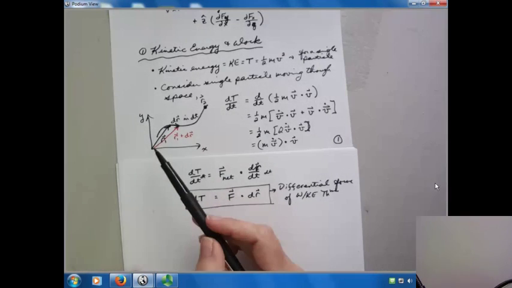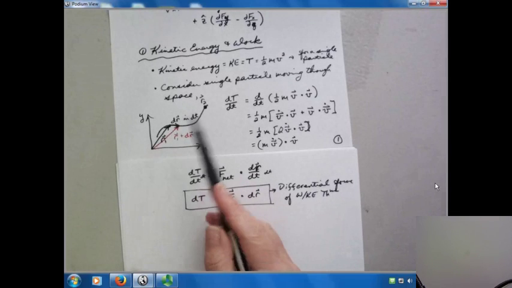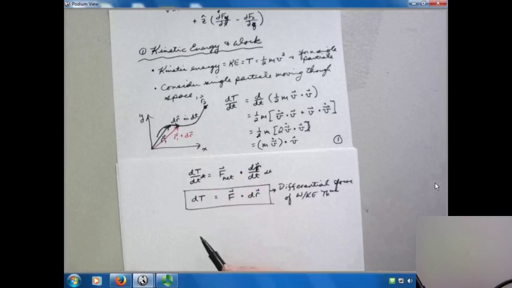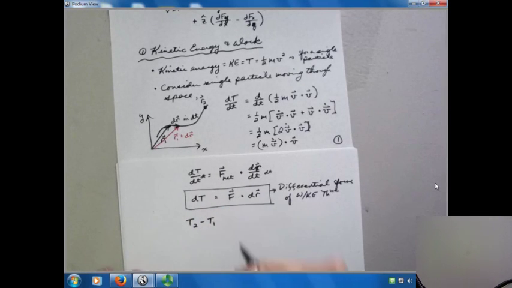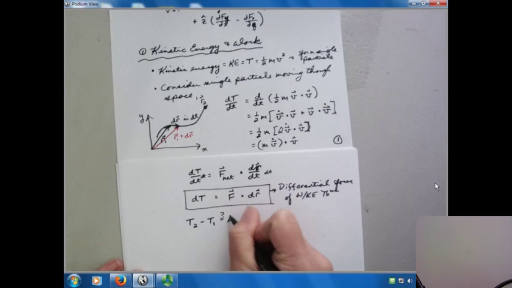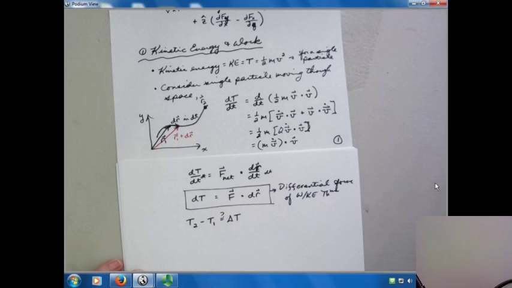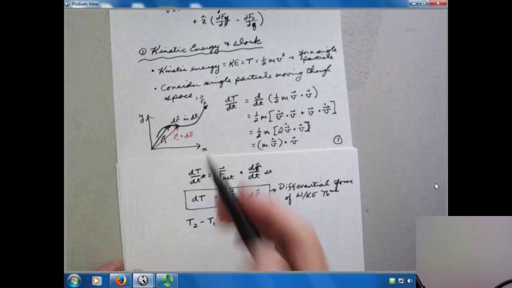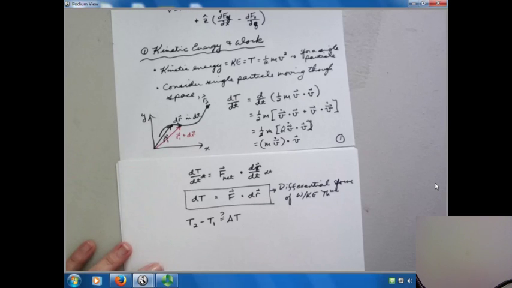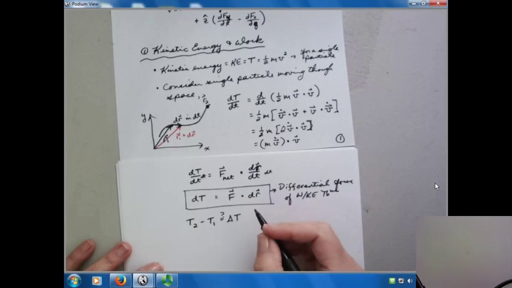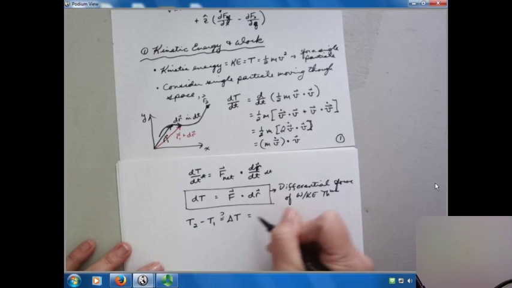Once I want this finite change, that means I want it from point 1 to point 2. So what I would like to be able to find an expression for would be like T2 minus T1, right? What is that equal to? And obviously, another way to write that would be delta T, so change in T. And so in this case, what I could do is I could break my path into these little drs, obviously, and if there were finite drs for which the force and the dr were constants, then I could think of this as sort of a sum.